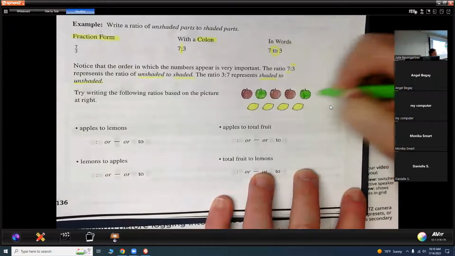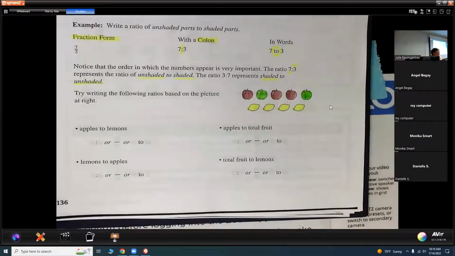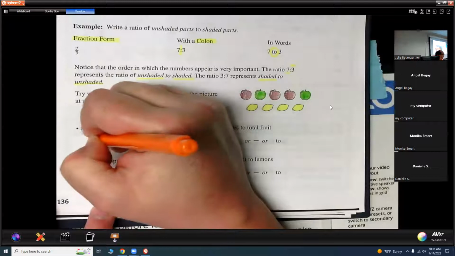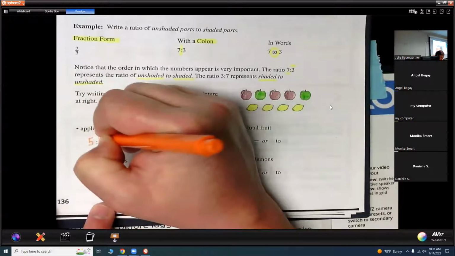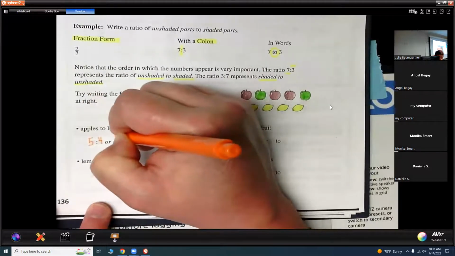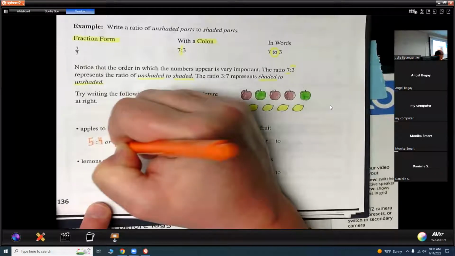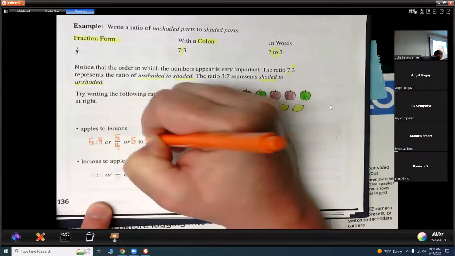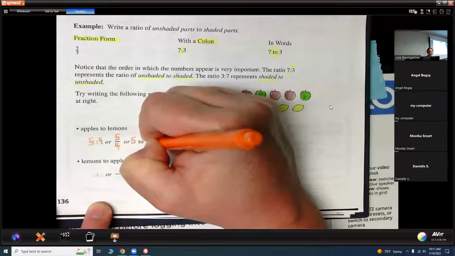All right. So what is the ratio of apples to lemons? 5 to 4. Good. So the fraction was in the middle there, that's what that is. So 5 to 4, you just write it across the board. Excellent, very nice.